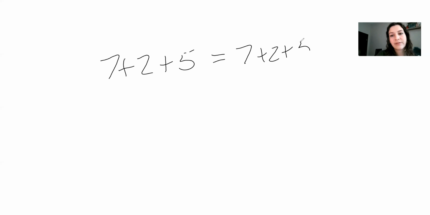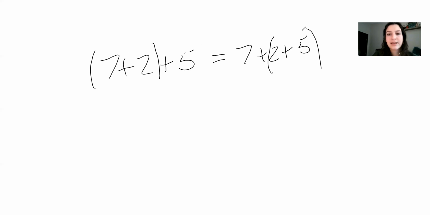All right, so say we were given 7 plus 2 plus 5. Let's add in some parentheses here. All right, so is this the identity property? Let's think. Are we adding 0 to a number to get that same number? No, we're not doing that. So let's think. For the associative property, are we grouping the numbers in any combination?